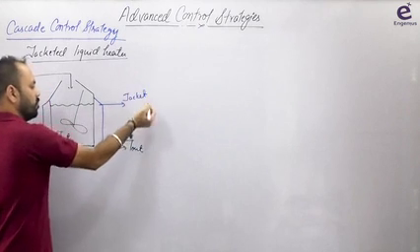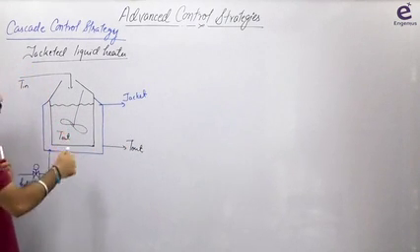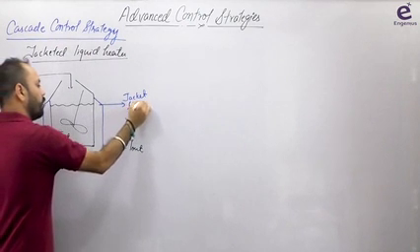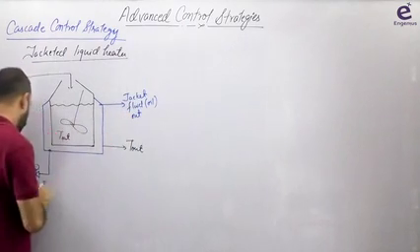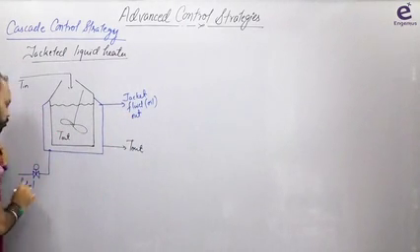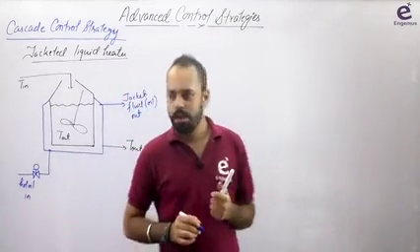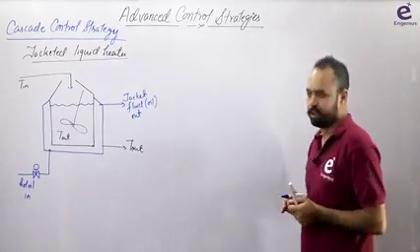We are not interested in jacket fluid, however. What we are interested in is controlling this kettle temperature. Jacket fluid out. Jacket fluid means hot oil out. Okay, this is hot oil in. So we are using oil which flows through the jacket and heats the liquid in the heater. So this is called a jacketed liquid heater.